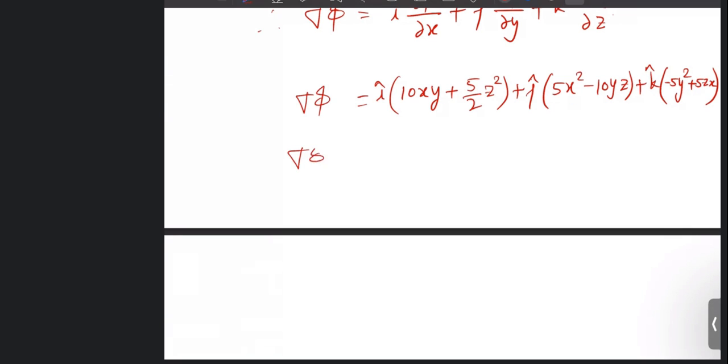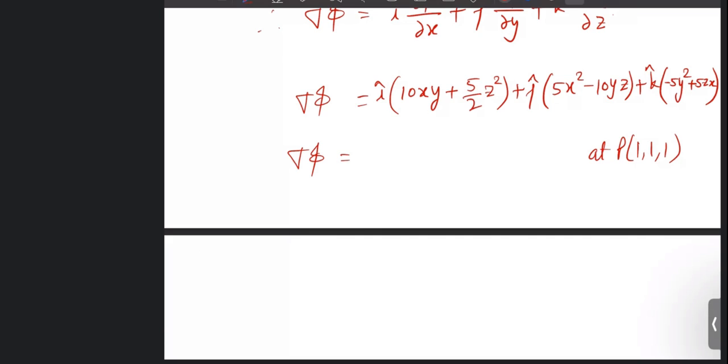Now our aim is to find the gradient of phi at the particular point P (1, 1, 1). Replace x, y, z, each equal to 1.